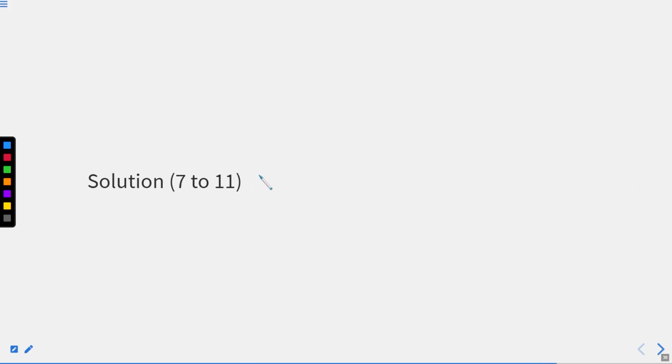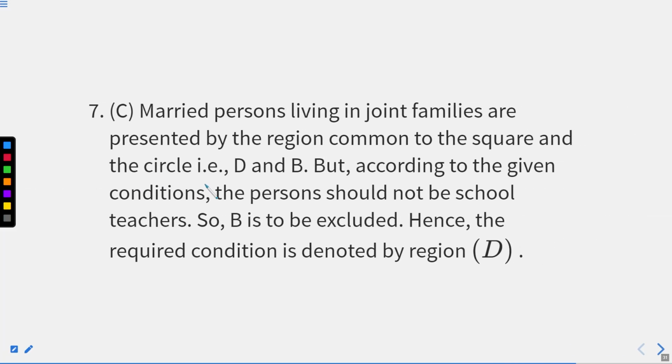Now, the solution, right? Although I have discussed each and every question, again I'll read the solution for you. So for 7, married persons living in a joint family are represented by the region common to the square and the circle: C, D and F. But according to the given condition, the person should not be a school teacher, so B is excluded.